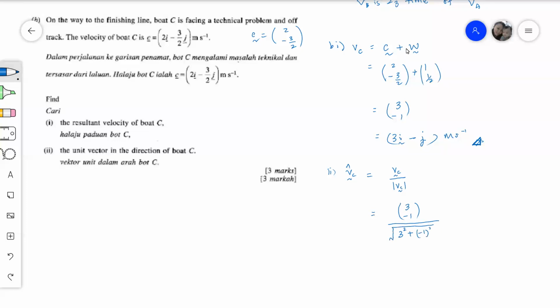So we will have 3I minus J over the square root of 10. This will be the unit vector in the direction of boat C. That's it for this question. The difficult part basically comes from our understanding of the resultant force in physics. Once you get it right, the rest is just the normal calculation that we learn in the vector chapter.